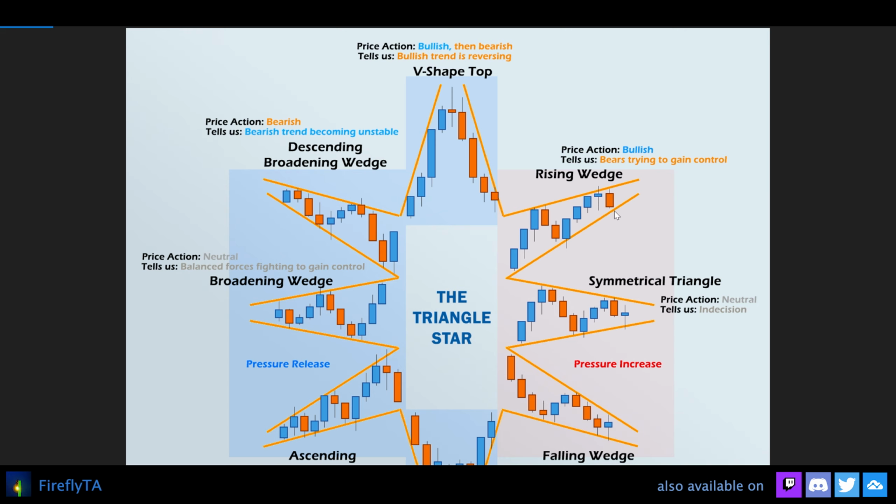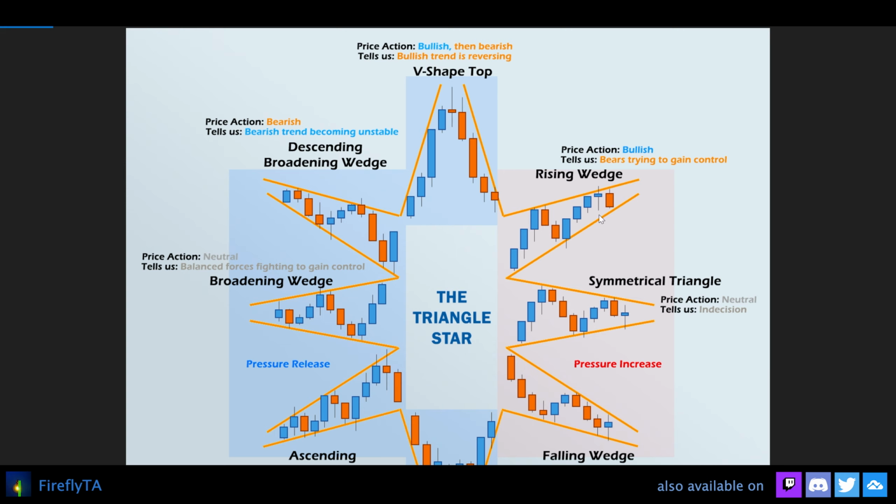So this is why it is often considered a bearish pattern, or a pattern that leads to price action breaking to the downside. This is what the default interpretation is. And in many cases, this also holds true.